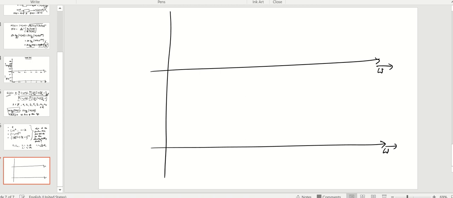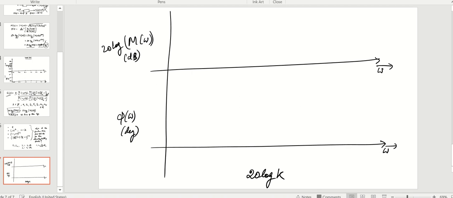All right. So here we want to draw 20 log M of omega. The scale is in decibels, so I'm using big B, and this is phi of omega, let's say in degrees. So the first candidate that we are looking at is the term k. So 20 log k.